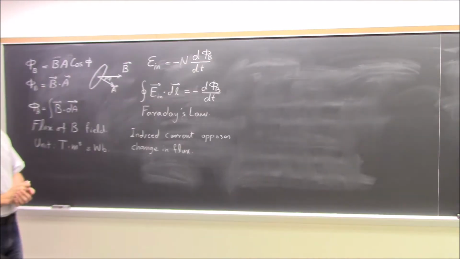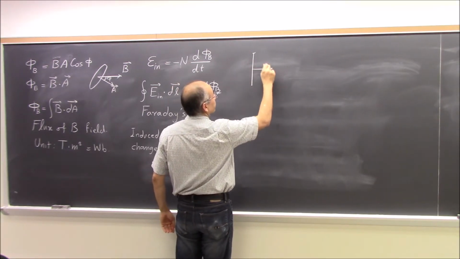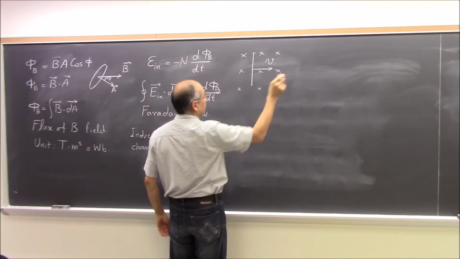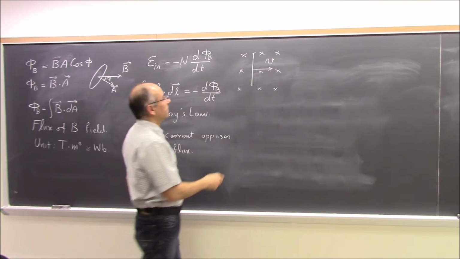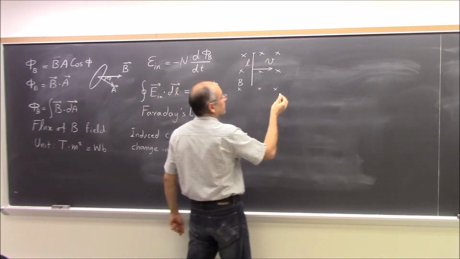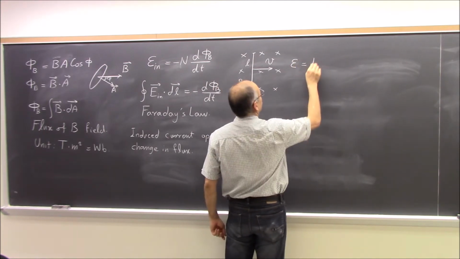And then we talked about motional electromotive force. A piece of wire is moved with speed v through a magnetic field into the page like this and has length L, and the magnetic field is B. It creates an electromotive force of BLV.